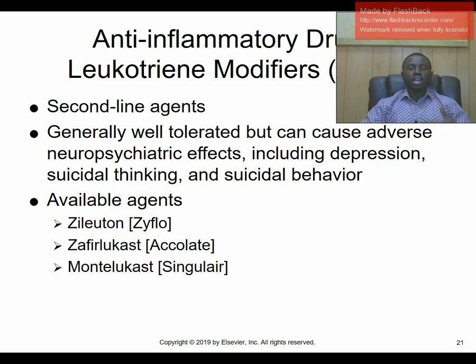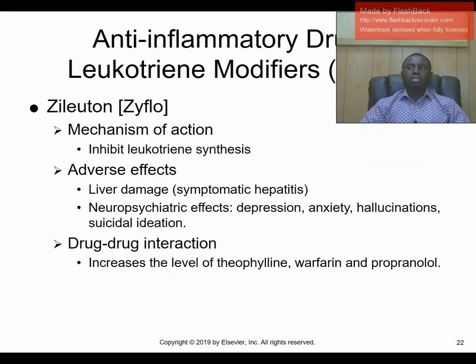The neuropsychiatric effects include depression, suicidal ideation, and suicidal behavior. So first, let's look at the first example of leukotriene modifiers. This is known as Zyflo. Zyflo inhibits leukotriene synthesis, thereby stopping the inflammatory process.